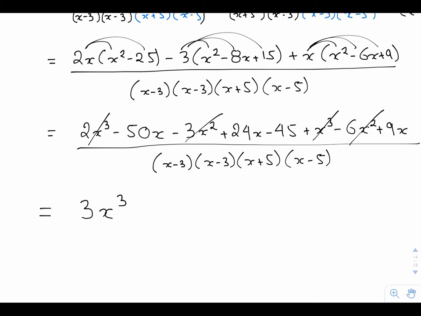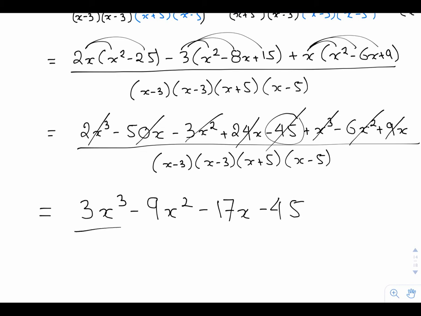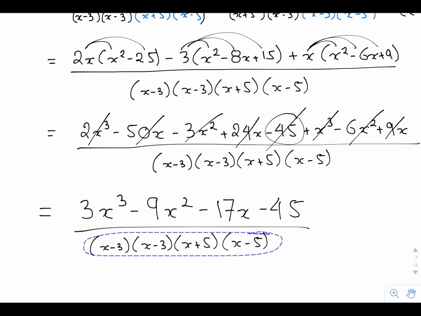The negative 6x squared will give me negative 9x squared. And then I have the 50 plus 24 plus 9 gives me negative 17x. And finally I have minus 45, which is the last term here. And this is all over my same common denominator.